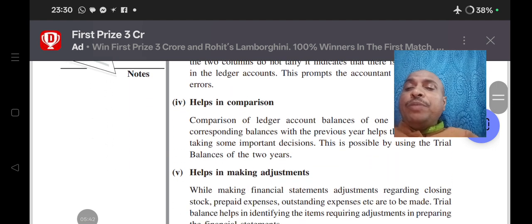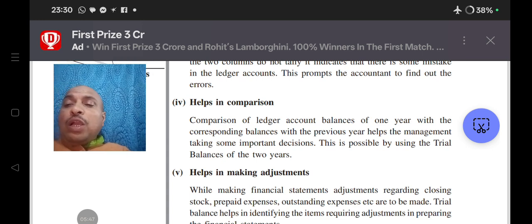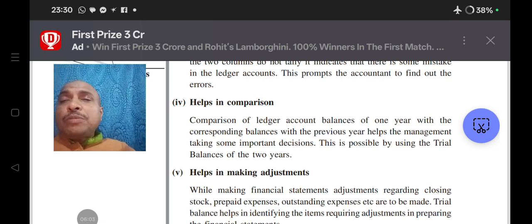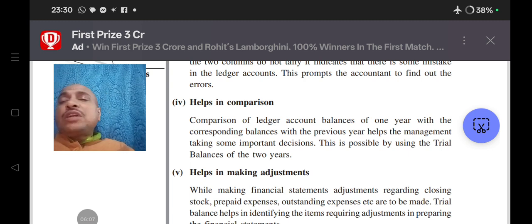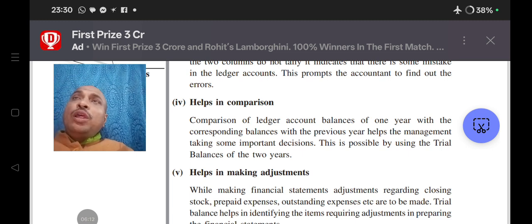Help in comparison. What is this? Comparison of ledger account balances of one year with the corresponding balances of the previous year helps the management in taking some important decisions. If you have the sales account balance of financial year 2023-24 यानी 2023-24 के पास अगर आपका सेल्स अकाउंट का बैलेंस है, और 2024-25 ईयर का अगर सेल्स अकाउंट का बैलेंस ट्रायल बैलेंस में आप देखेंगे, तो you will be able to compare whether the sale was more last year or this year.